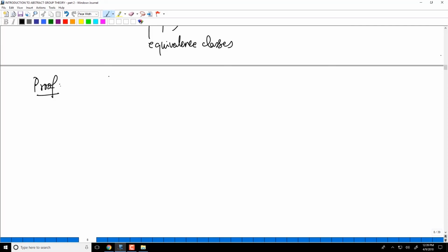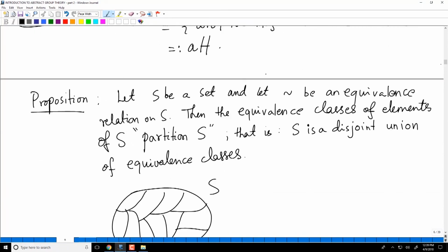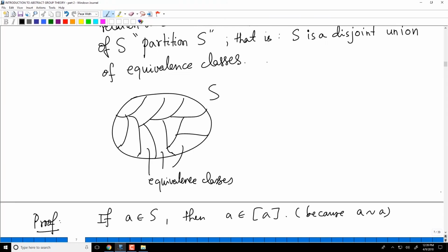So let's prove this. So first of all, if a belongs to S, then a belongs to the equivalence class of a, right? This is because, remember, one of the first properties of an equivalence relation is that an element is related to itself. Remember, the equivalence class of an element is all elements in the set S such that b is related to a.